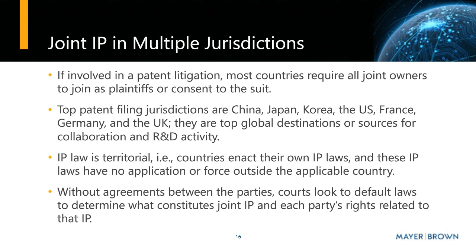Without agreements between the parties, courts look to default laws to determine what constitutes joint IP and each party's rights related to that IP. If you're involved in a joint venture that could include patent filings in multiple jurisdictions, we highly recommend consulting with an IP attorney to ensure your JDA contains express rules and processes for managing that IP. Otherwise, the default rules will apply, and they may or may not work for your particular situation. And with that, I'll turn it over to Joy shortly to walk us through the default rules in the United States.